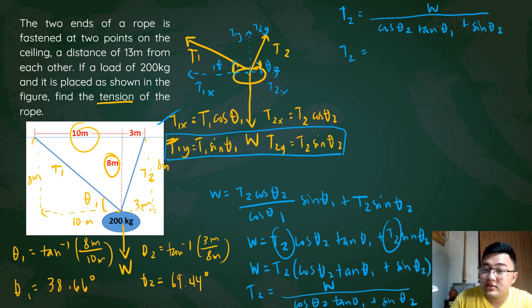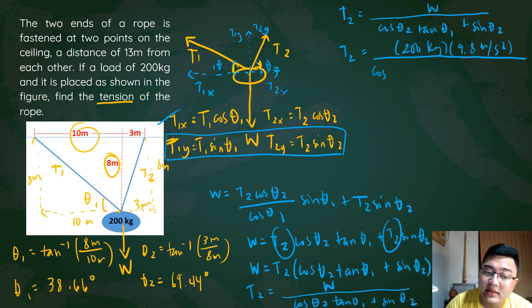So T2 is, what is weight? We know that weight is equal to mg. So if weight is equal to mg, then that is 200 kilograms multiplied by 9.8 meters per second squared over cosine angle 2, as we can see here, is equal to 69.44, times tangent angle 1, which is 38.66, plus sine 38.66. Oops, it's not fit. Let me rewrite that one.